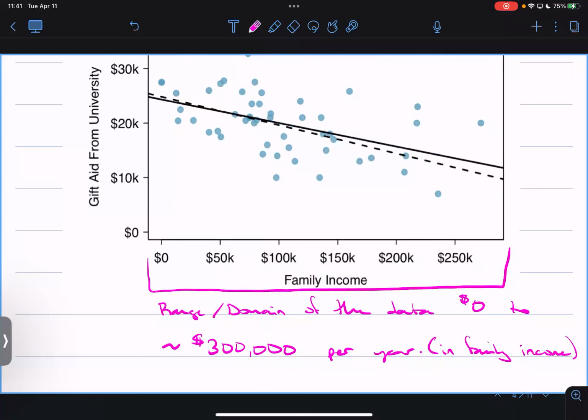So when we use this line to make predictions using values of x outside this range, that's what we call extrapolation. Now, the problem is that sometimes that is the only thing we can do, but it makes our prediction less reliable.